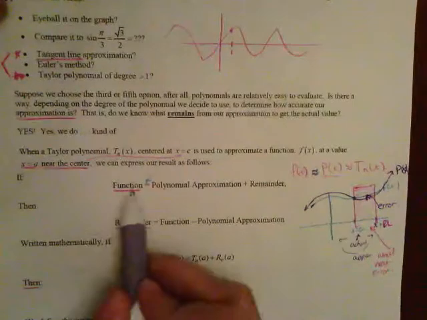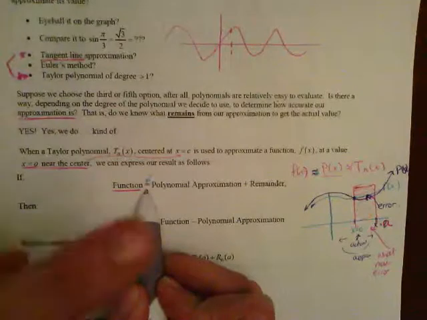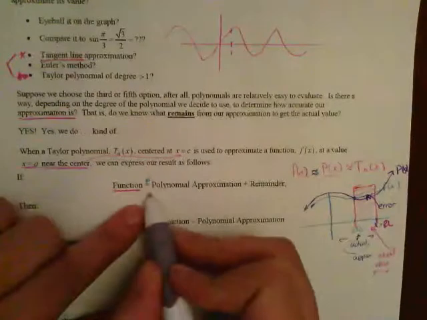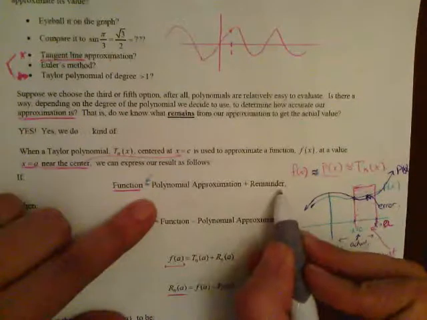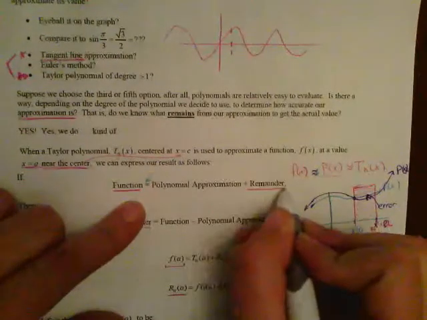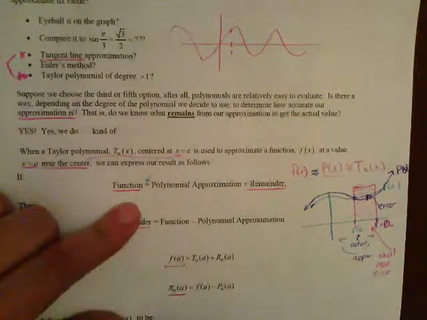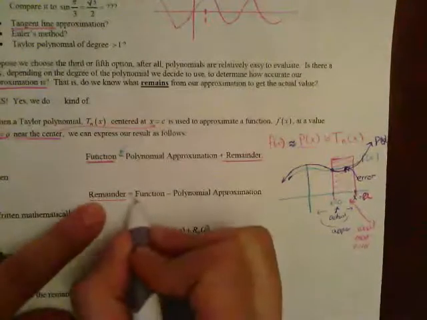Remember, usually we use the approximation sign, but if the function is equal to the polynomial approximation plus the remainder, then if we can figure out the remainder, we can change our little squiggle into an equal sign. So the remainder is equal to the function minus the polynomial approximation.